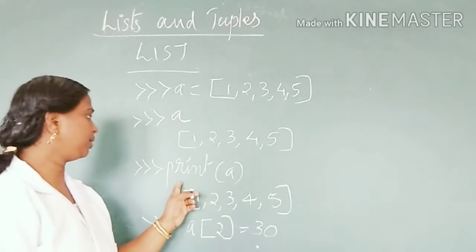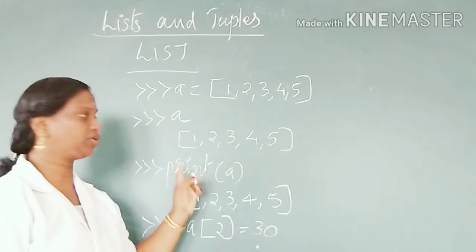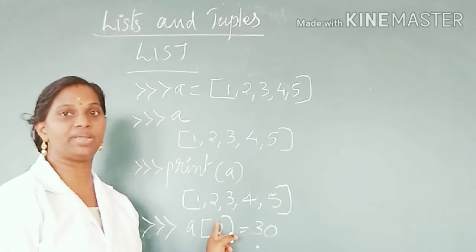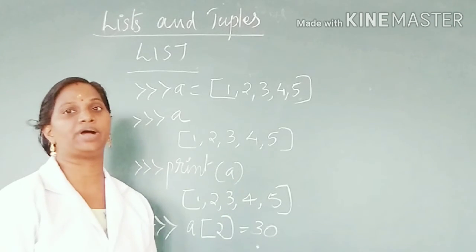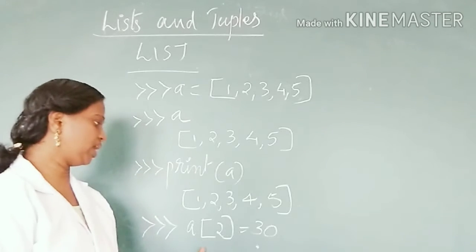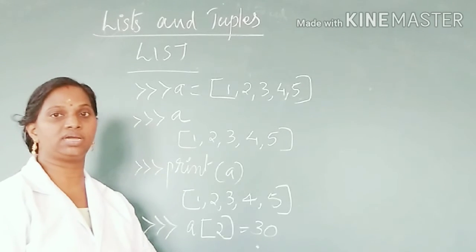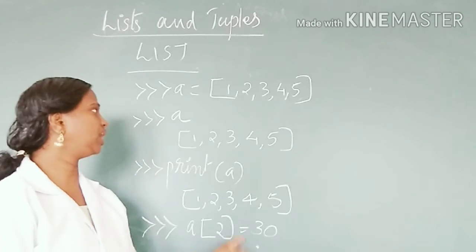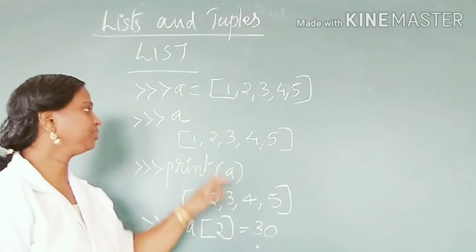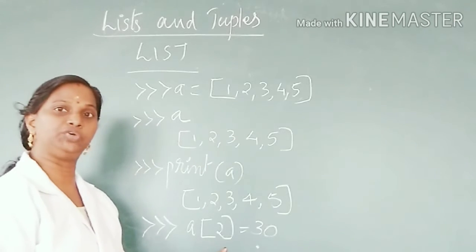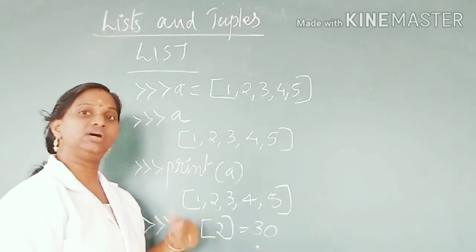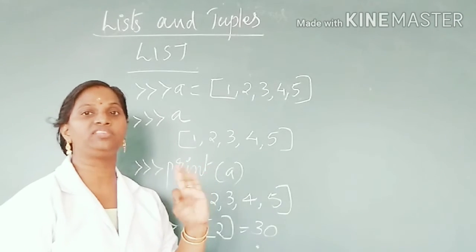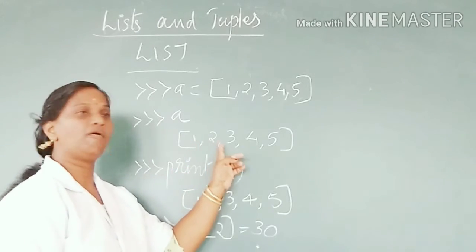You can either use the variable name or the print statement to print the list. Here I am assigning a of 2 is equal to 30. After that, when you print a, the third value will change, because index 2 means 0, 1, 2.